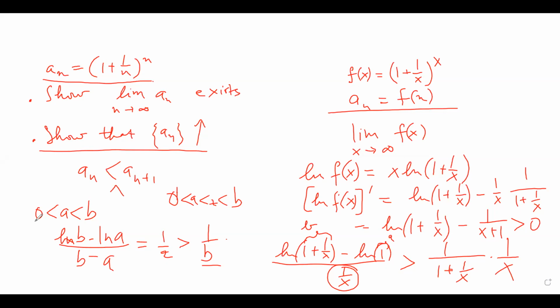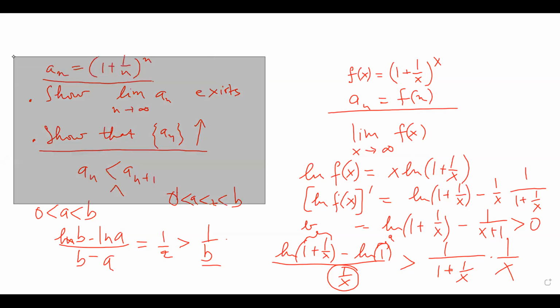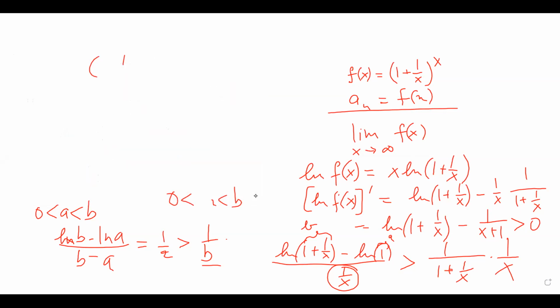Okay, so if you have two positive numbers, remember the mean value theorem. I guess I can erase this part. The mean value theorem says that for any function f, if f is differentiable, then this quotient is equal to f prime of c for some c in between a and b.